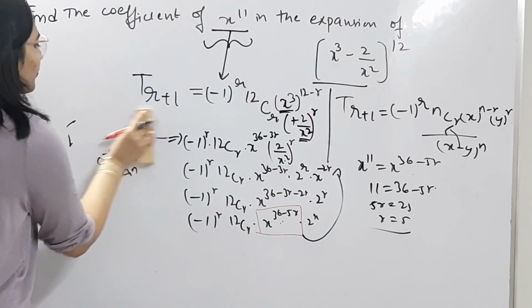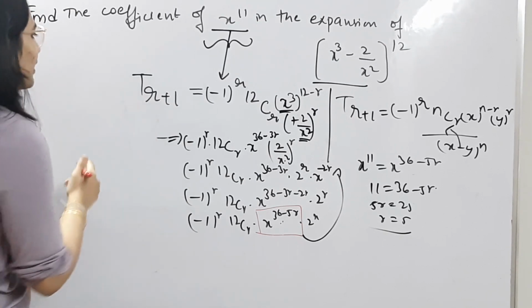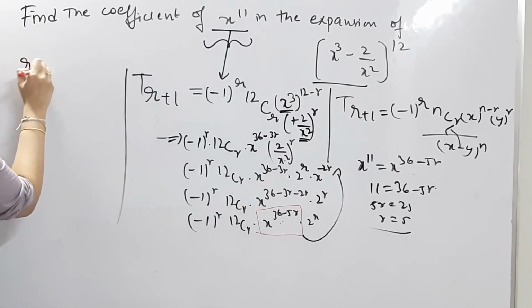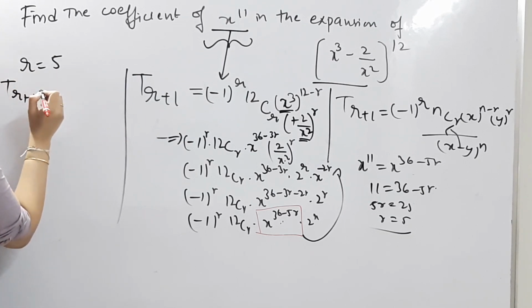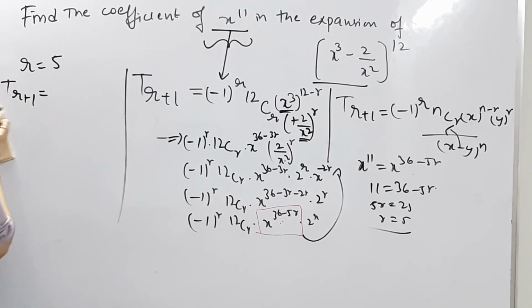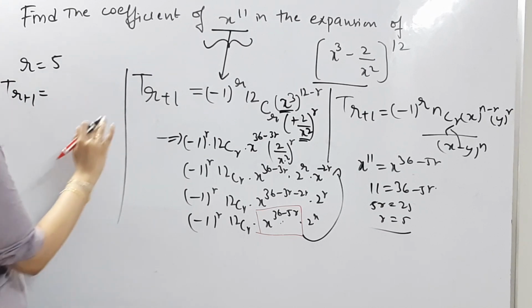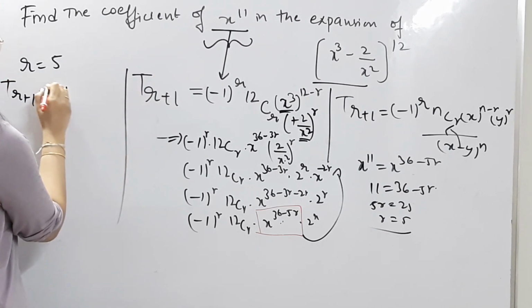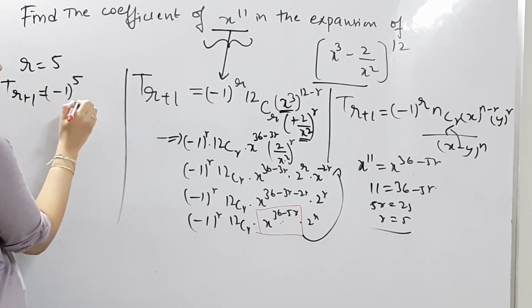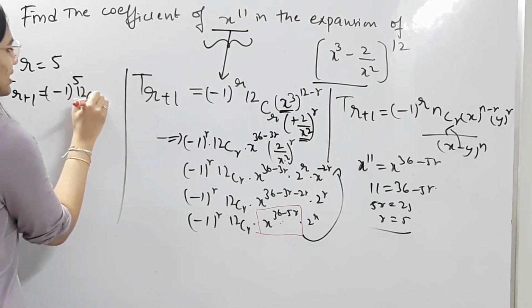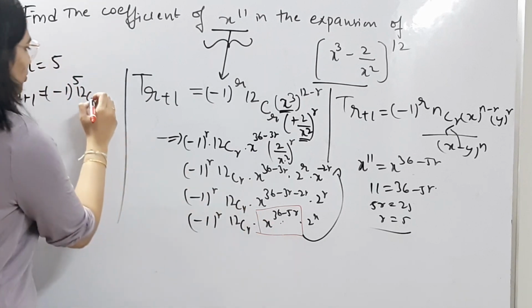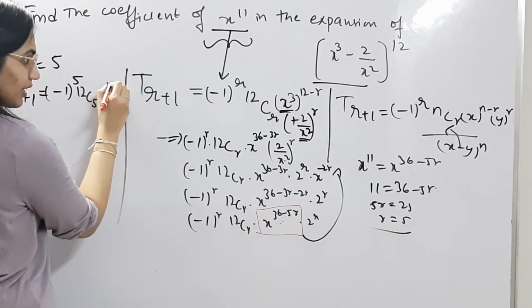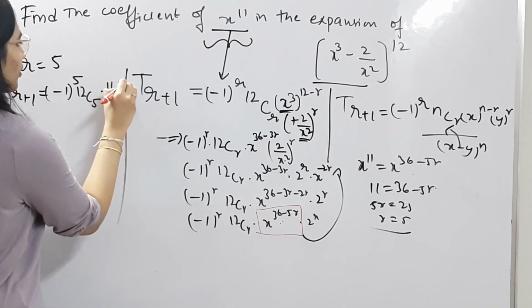Yes. So here we have deduced that r is equal to 5. So T r plus 1 is what? Minus 1 whole to the power of 5, 12C5. Here I can directly substitute x to the power of 11 into 2 to the power of 5.